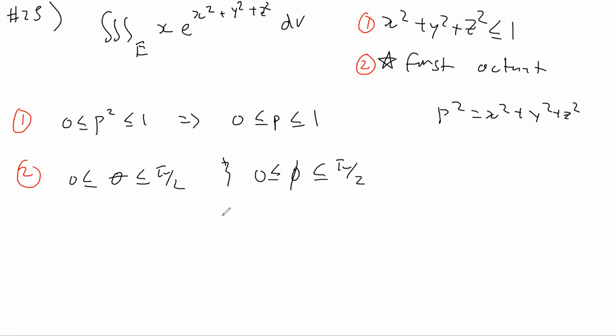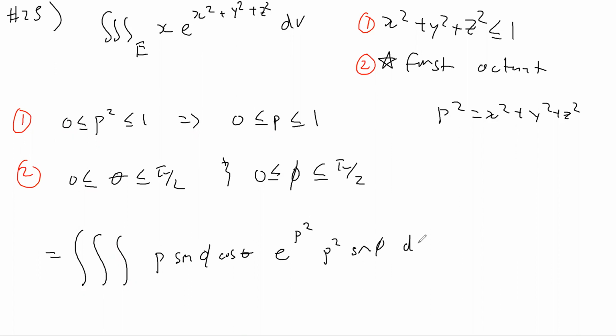Okay, so if you convert everything into spherical coordinates, our triple integral is going to look something like this. So x is going to be rho sine phi cos theta, e to the power of rho squared, and dV is going to be rho squared sine phi d rho d theta d phi.